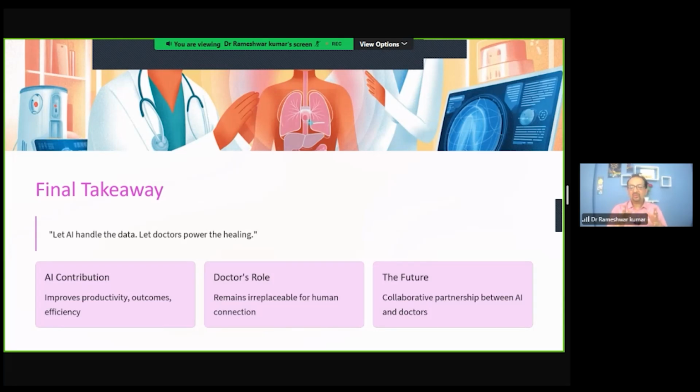It is always going to be artificial intelligence and doctors. And the doctor is going to be in the loop because life is precious and we can't trust AI, even if it is doing a marvelous job.